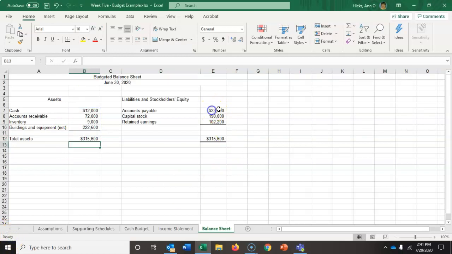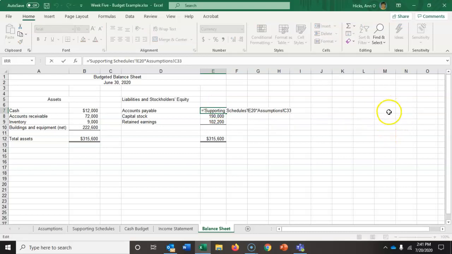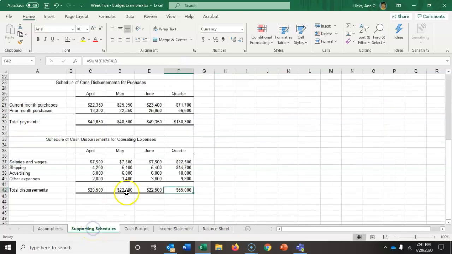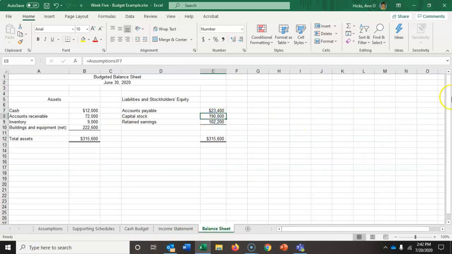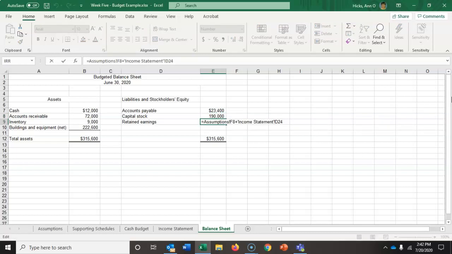Now, on the liability and equity side, accounts payable is just a function of what we acquired on credit. And you'll remember that was 50% of our purchases for the month of June. And capital stock, we had no activity, so that comes straight off the March 31 balance sheet. Retained earnings. Think about what causes retained earnings to change. If you remember from financial accounting, two things cause retained earnings to change. Net income and dividends.